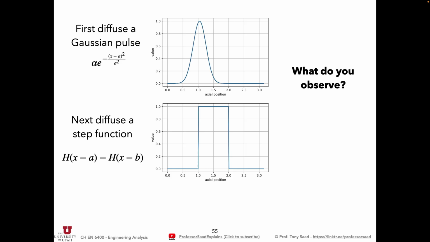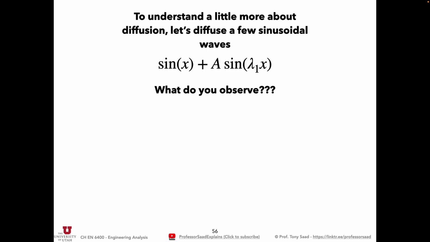That's true. But to dig a little bit deeper, the next thing we want to do is, instead of diffusing those crazy signals, the Gaussian, which look innocent but are complex from an elementary function perspective, a nicer way to think about this, and you'll see how this is going to be helpful, is if we diffuse a signal that looks like this, a baseline sinusoidal signal, maybe just one cycle, plus an additional signal on top of it with some different frequency.